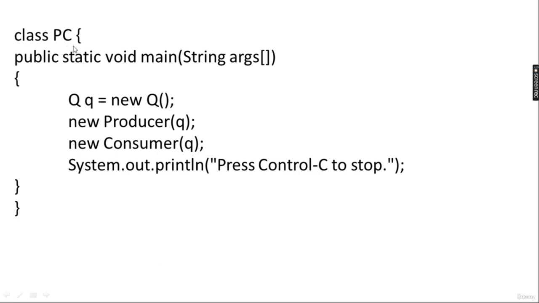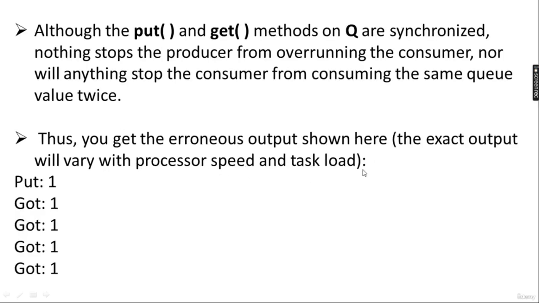Now PC is a different class that creates one queue object, one producer object, and one consumer object. First it will create the queue object, then the producer object, and then the consumer object. Now it will go into an infinite loop, and for that purpose it prints that you should press Ctrl-C to stop.